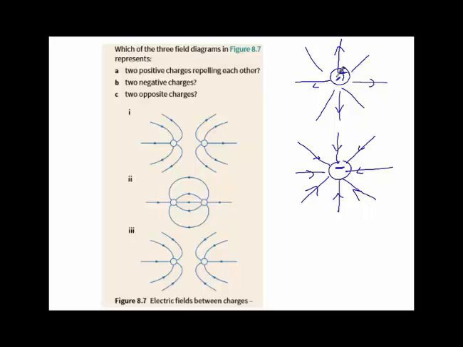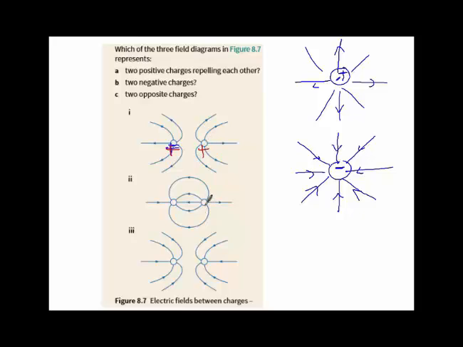Now here we have lines repelling each other. So of course these both should be similar charges, with no line between them. So there is a repulsion. But what type of charge are they? Lines are going outside here, so this is positive, and also this is positive.